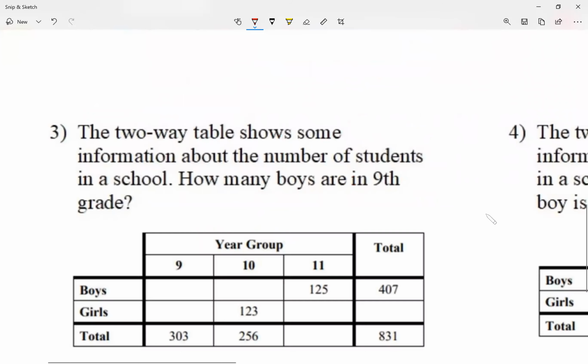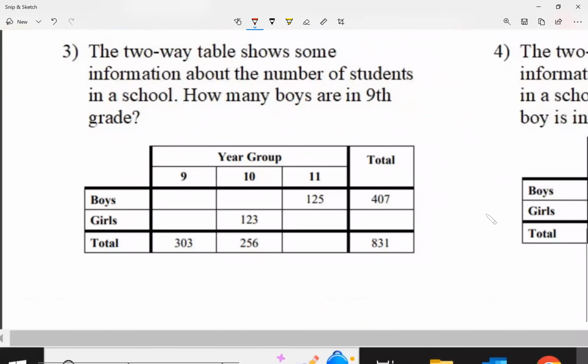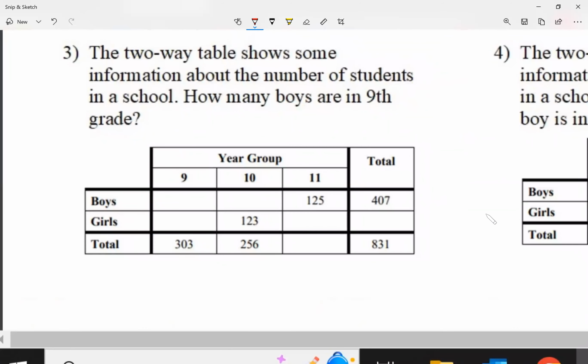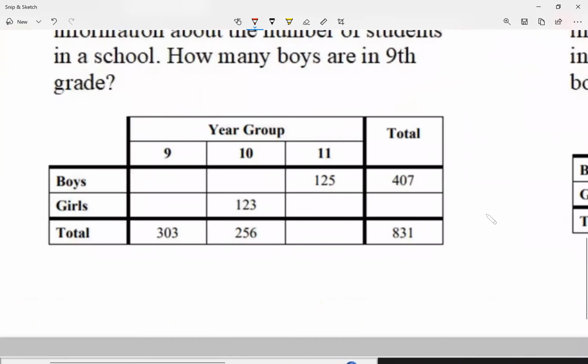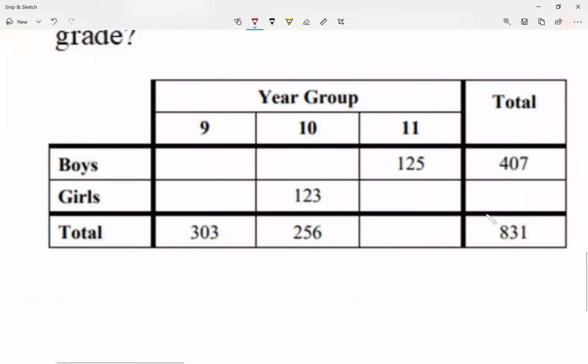All right, let's take a look at another question here. The two-way table shows some information about the number of students in a school. How many boys are in 9th grade? Okay, so first of all, let me fill out the two-way table here. When it comes to 10th graders, I know there's 256 10th graders. 123 are girls.